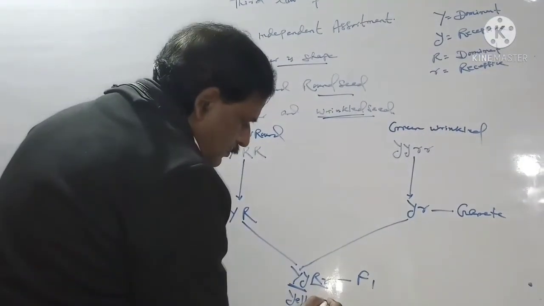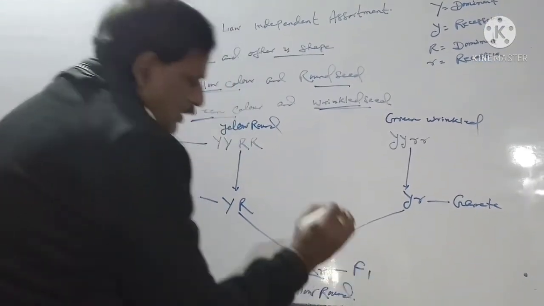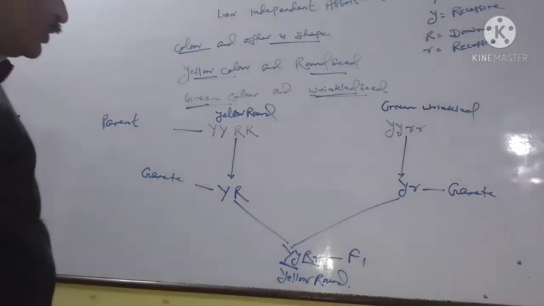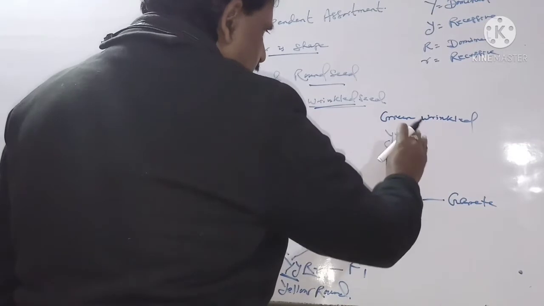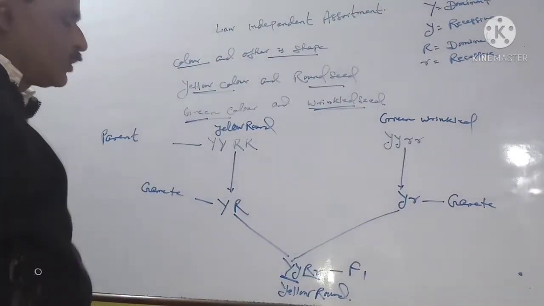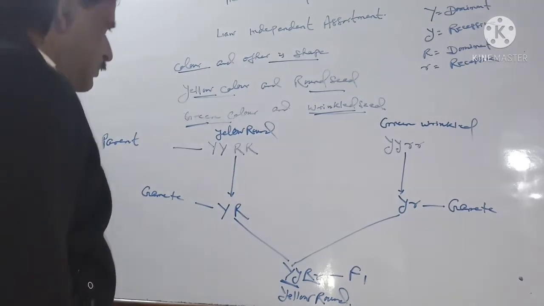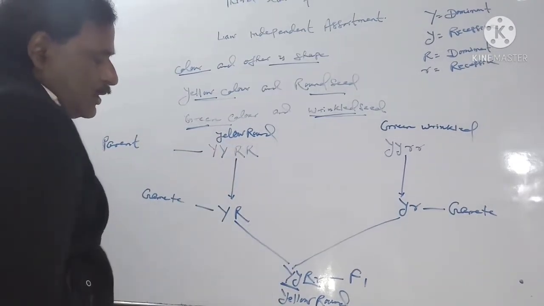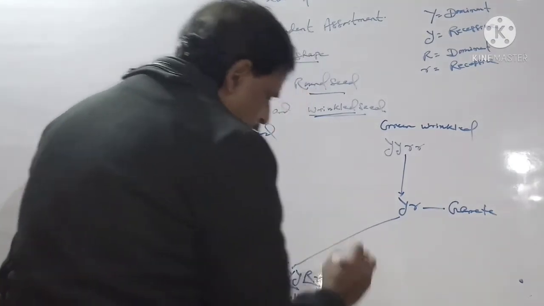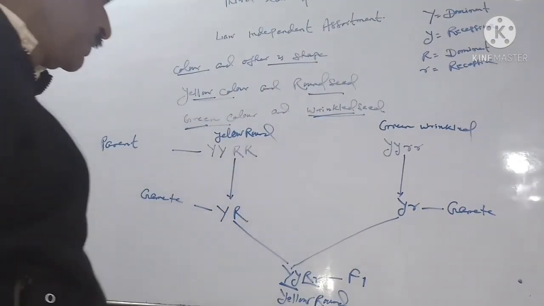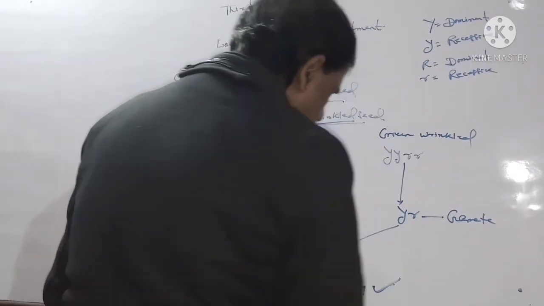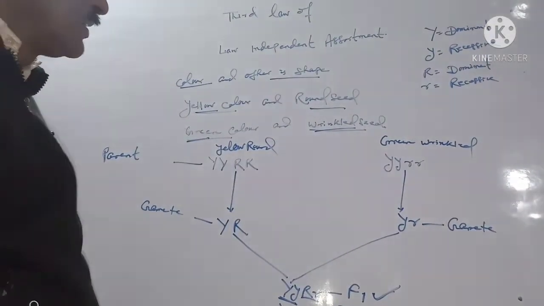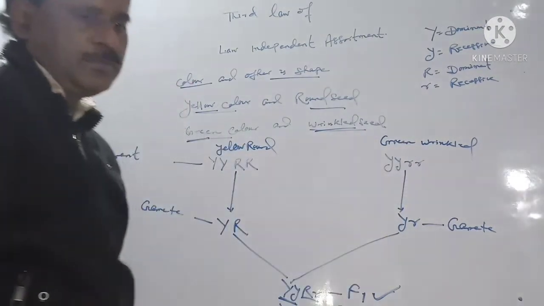In the F1 generation, we find yellow and round seeds. The green and wrinkle character is not visible. Only yellow and round are visible in the F1 generation. The recessive character appears in the F2 generation, where green and wrinkle are visible.